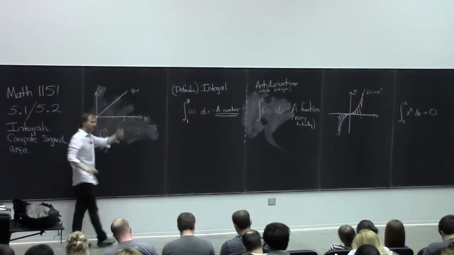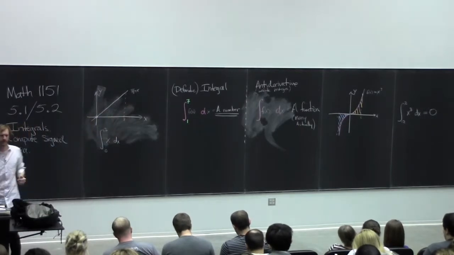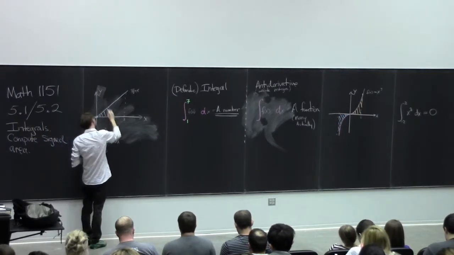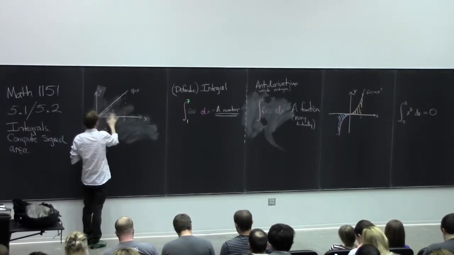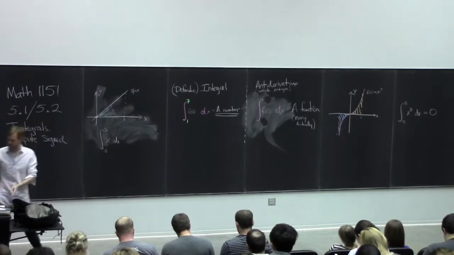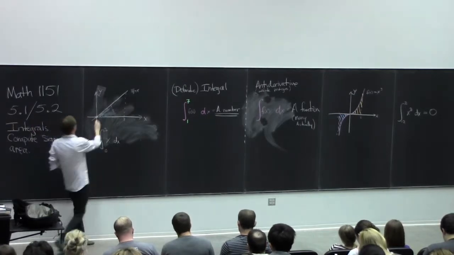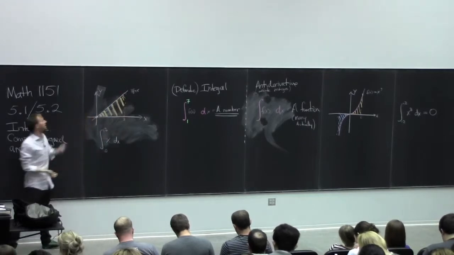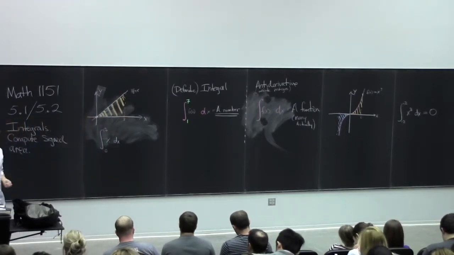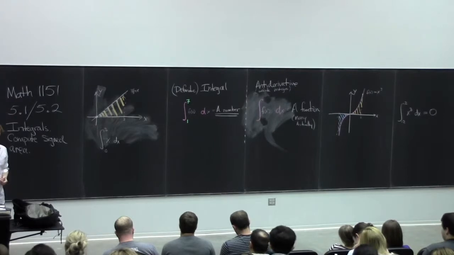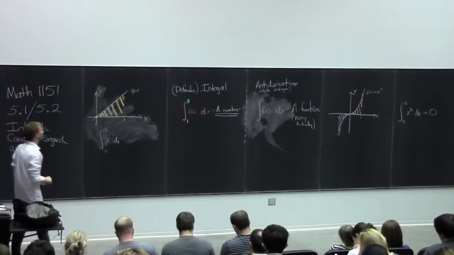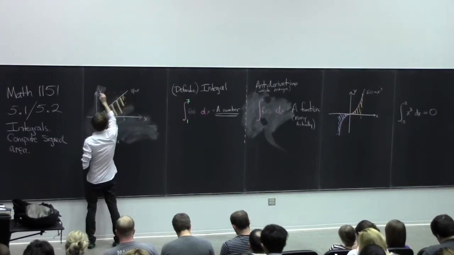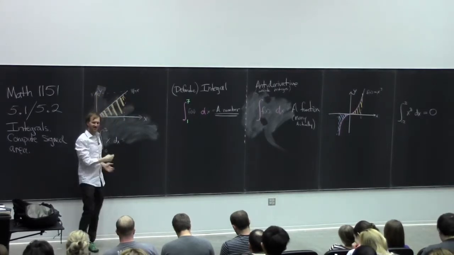What type of shape is this? It's a triangle. And what color is blue? It's negative, right? Okay, and what's the formula for the area of a triangle? 1/2 base times height, and the height is 3.